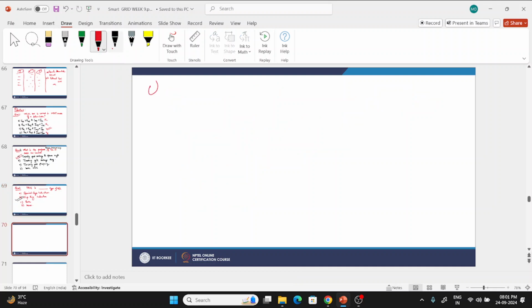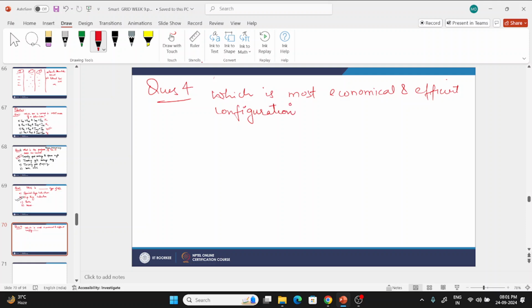Now, next question here is question number 4. Which is most economical and efficient configuration of microgrid?